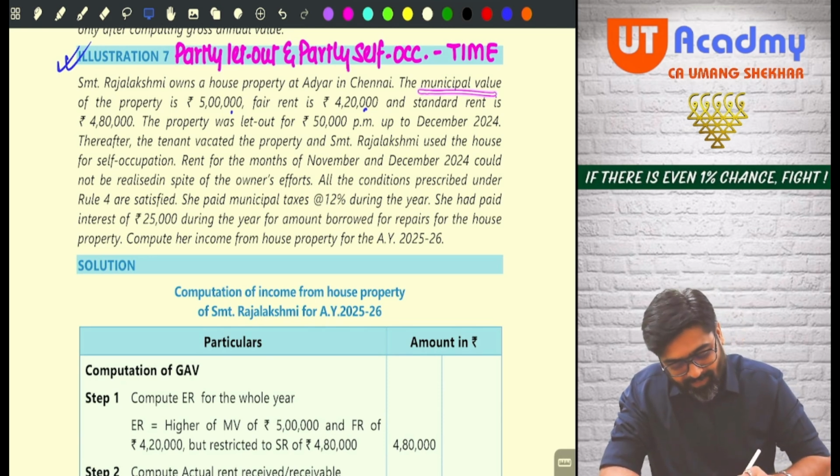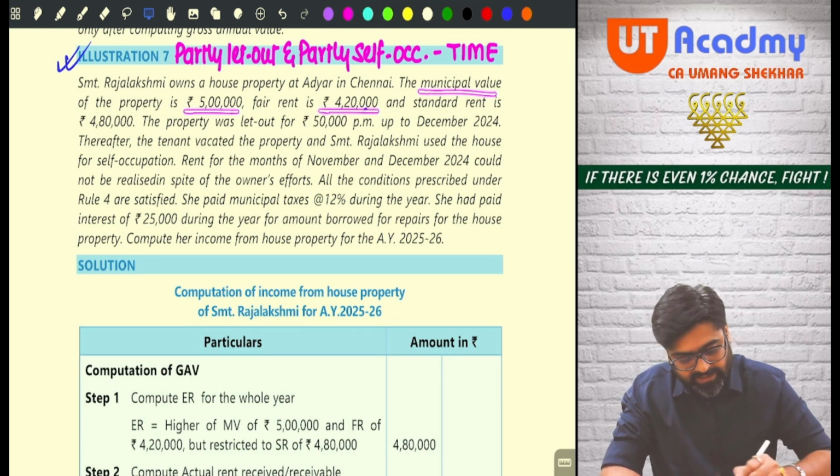The municipal value is 5 lakh rupees, fair rent is 4 lakh 20 thousand and standard rent is 4 lakh 80 thousand.